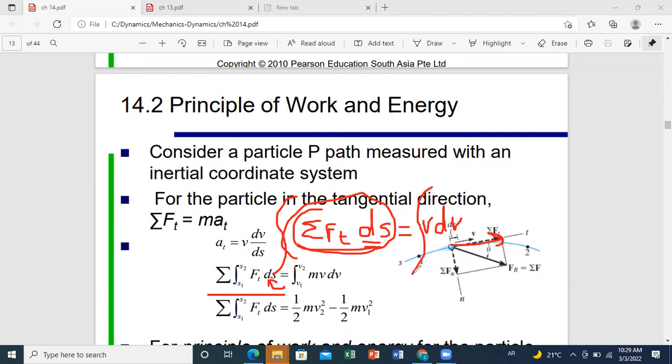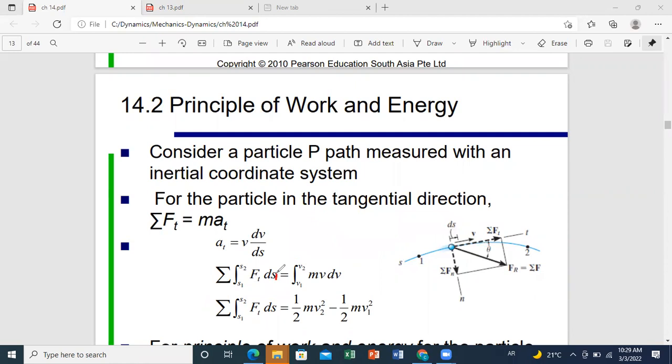So let us integrate both sides. Okay? For the first side, what is my variable? For the first side, the variable is position. And for the second side, the variable is velocity. So when I integrate Ftds between s1 and s2, I will get what? This is the total work, because by definition, the integral of a tangential force times the displacement ds will give me the total work done on the particle.